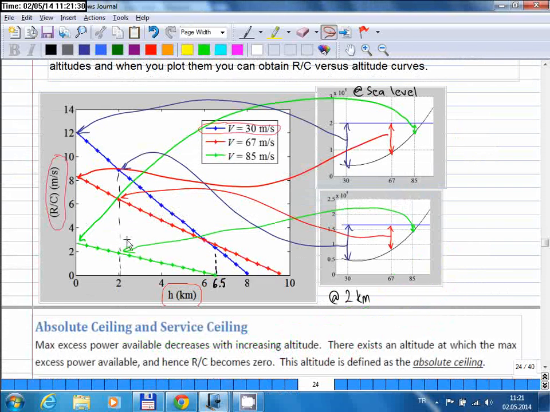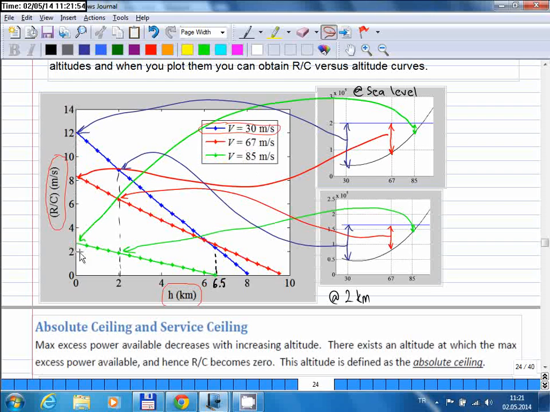That's because if you look at these rate of climb plots at different speeds, you will see that there are 3 different speeds here. The fastest one is the green one, 85 meters per second. So here you are flying with the highest speed. But if you try to climb at this speed, your rate of climb is very, very low compared to the other 2 speeds.